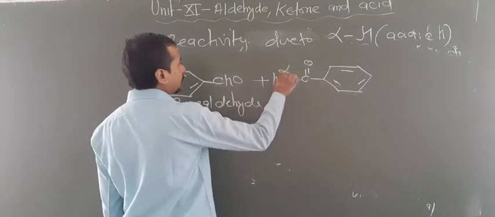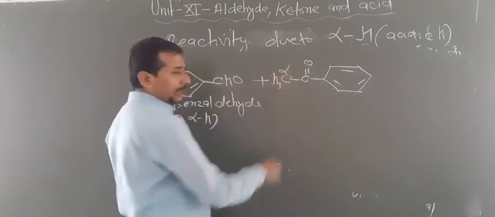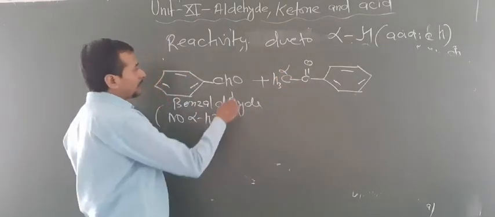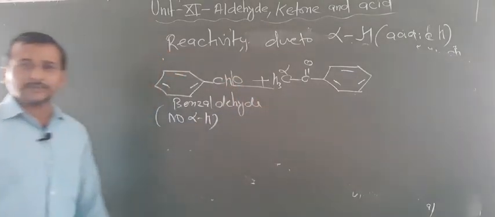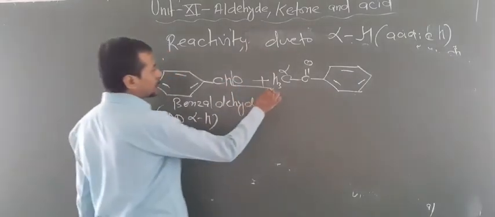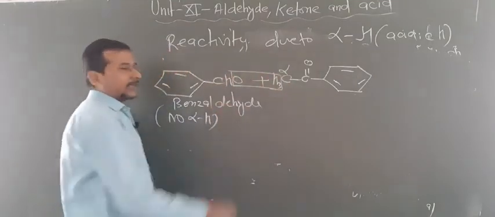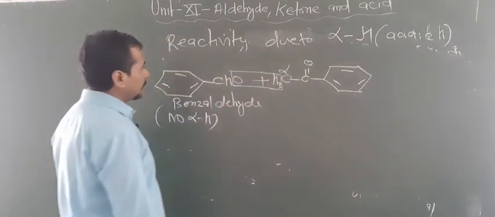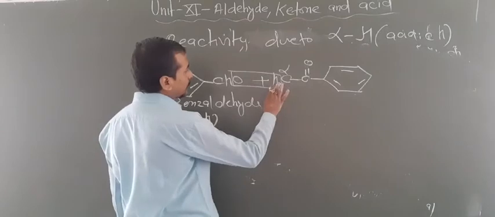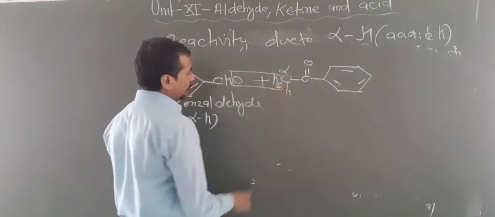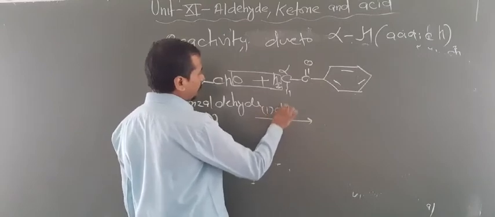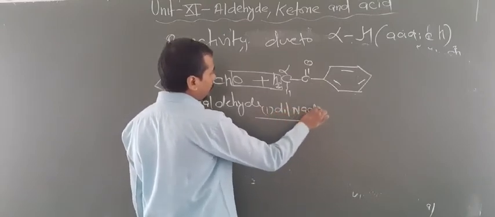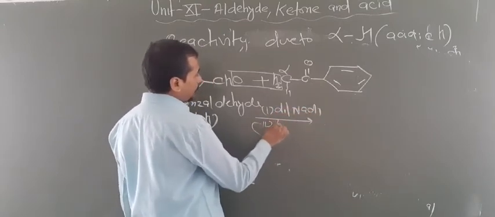Look at here, this is the alpha carbon, so this has alpha H. Now what do you have to do? You have to remove O from the aldehyde which has no alpha H and 2H from this carbon having the alpha H. Again the same thing happens, dilute NaOH and second time you heat.